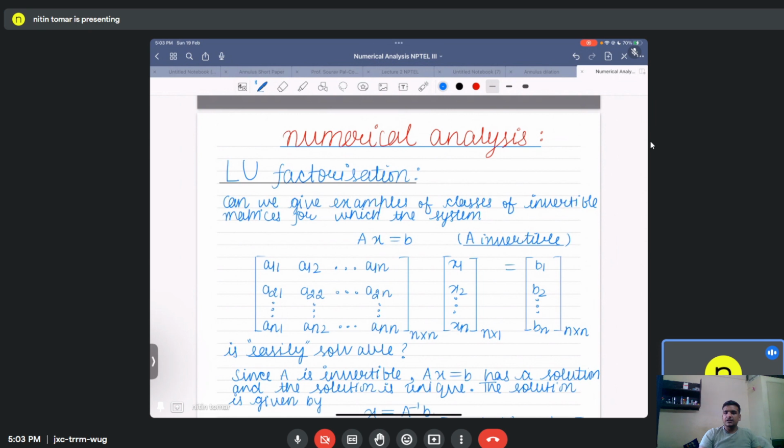There are sufficient conditions, such as in the Doolittle's factorization method, when all the principal minors have to be non-zero. In particular, when all the principal minors are positive and A is an invertible symmetric matrix, we have the Cholesky's factorization, and in that method we saw that uniqueness is always there. So with this, we finish this session. Hope to see you again.